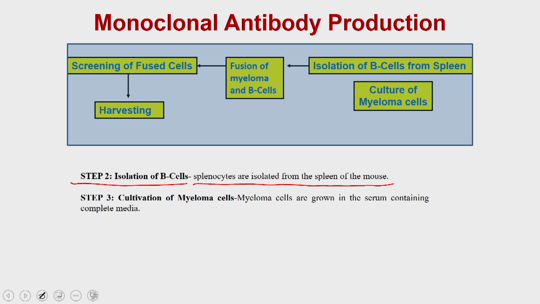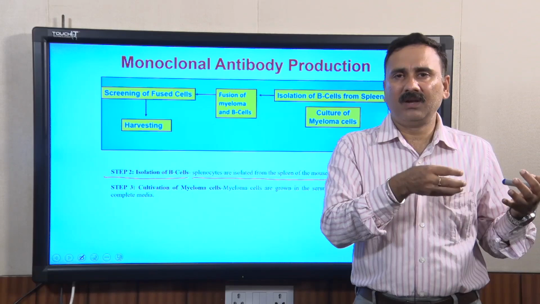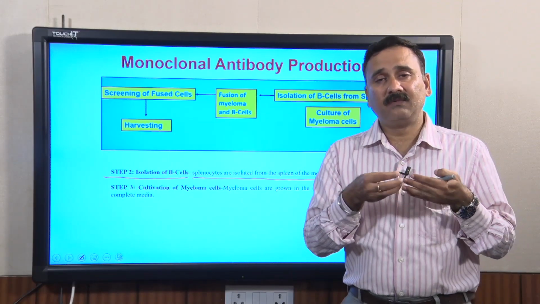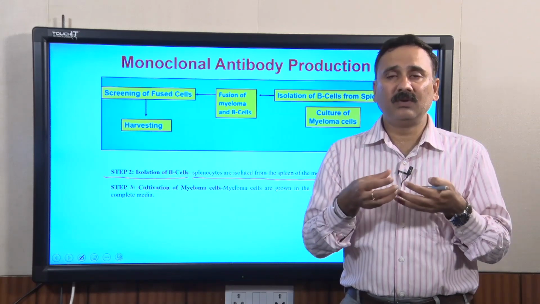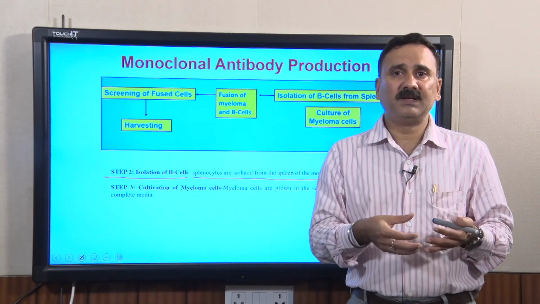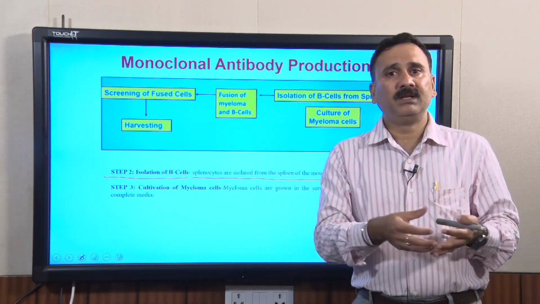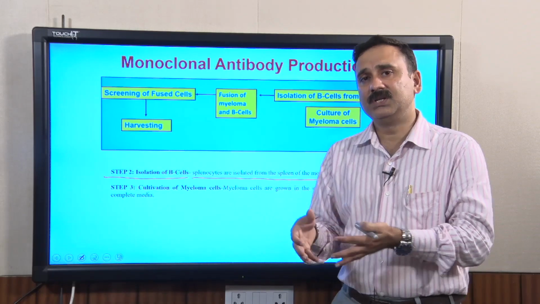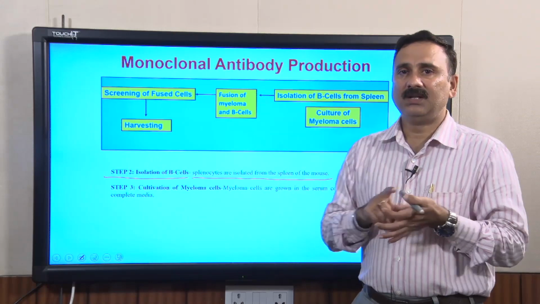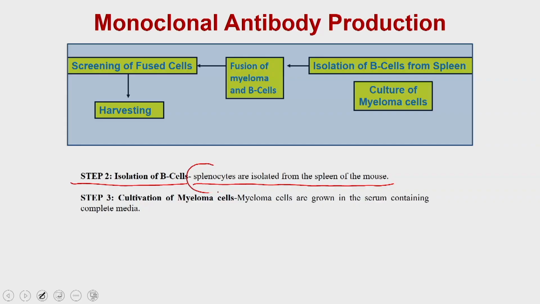If you remember, you can use the strategies we discussed in lecture number 3 or 4, how you can isolate different types of cells from the tissue using different density gradient centrifugations or differential centrifugations. With the help of these, you can isolate the splenocytes, and these splenocytes can be used for the downstream hybridoma preparations.